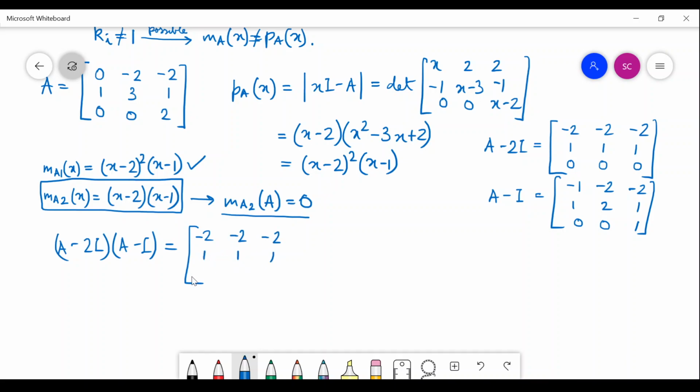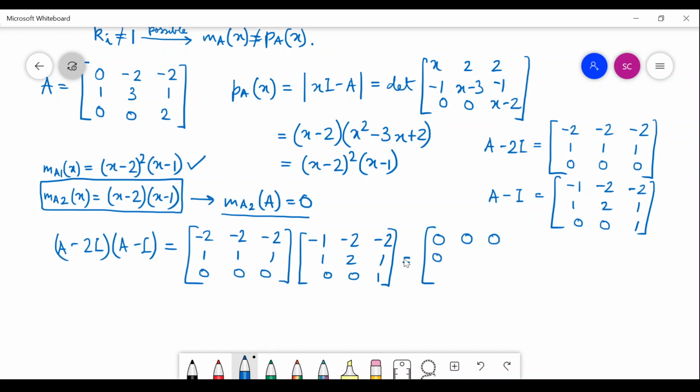Let me just walk you through this. Here you can see that this would become 0, then the next one, minus 2, this is also 0, this one is also 0, this one is 0, this one is 0, this one is also 0, and this is all zeros because the last row is 0.